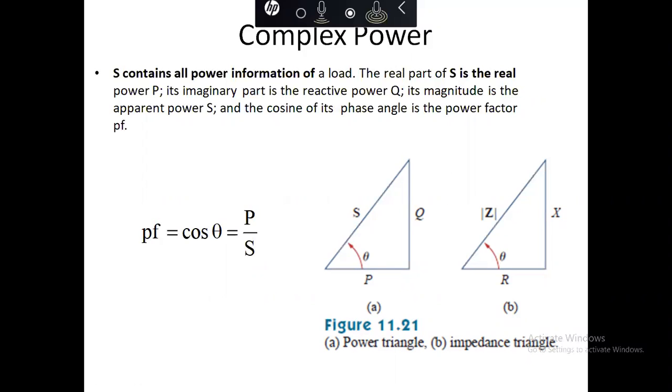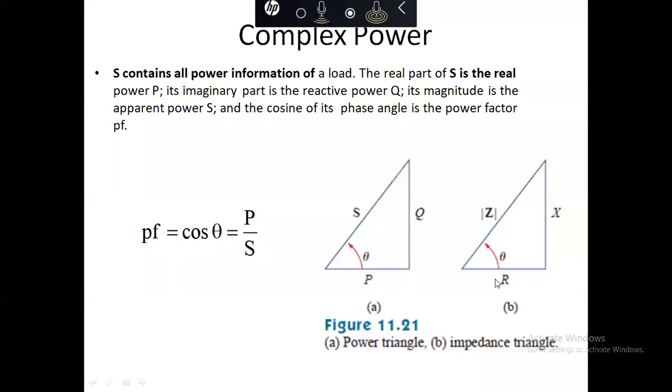Actually, if the power factor increases, it means that the reactive power is contributing more, and hence there is an increase in the apparent power, because this apparent power is the square root of P square plus Q square, right?